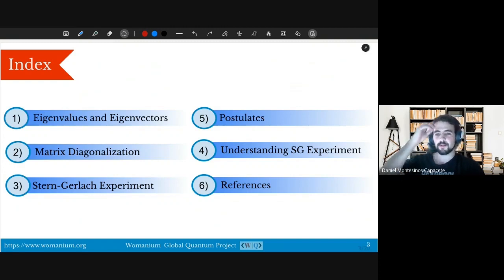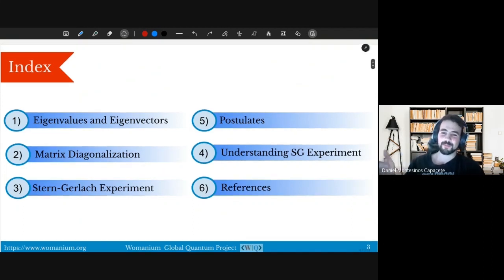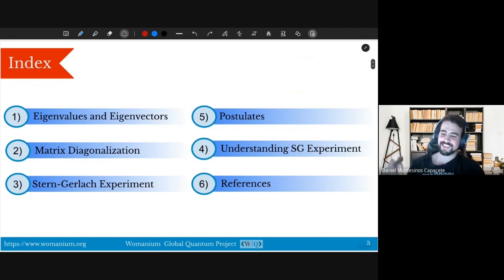After that, we will go to the Stern-Gerlach experiment, which is the way we are going to introduce quantum mechanics properties. After that, we will see some postulates for quantum mechanics. After seeing the postulates, we will try to understand the experiments. That would be everything.